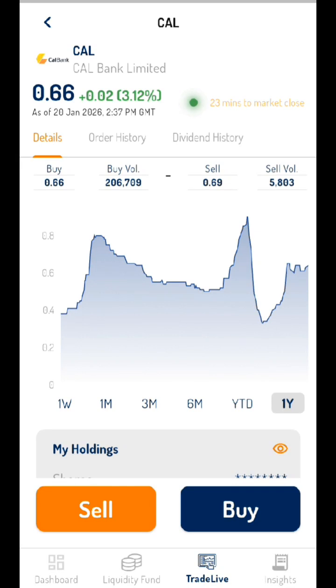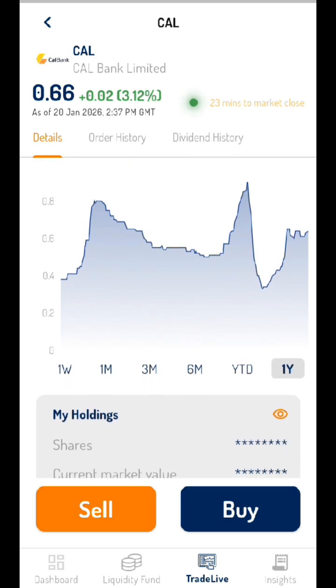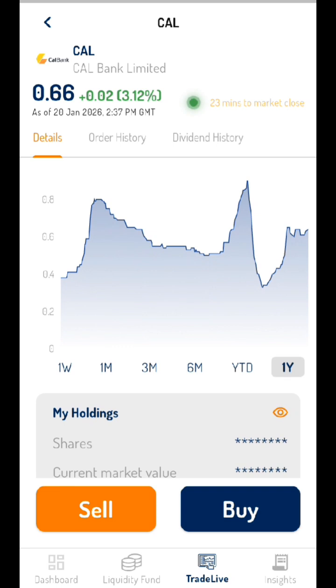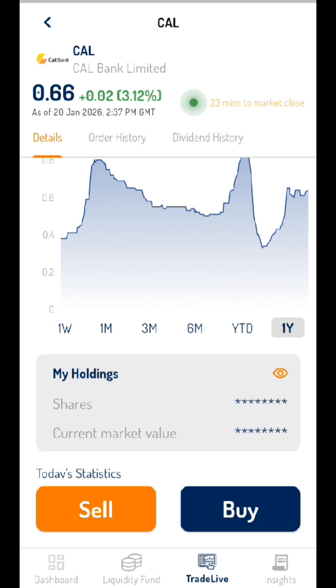For this one, the indicators we have there are the buy price, buy volume, sell price, sell volume. So let's try to explain what these indicators mean. The buy price is the minimum price demanders are willing to pay at that particular time period in question.